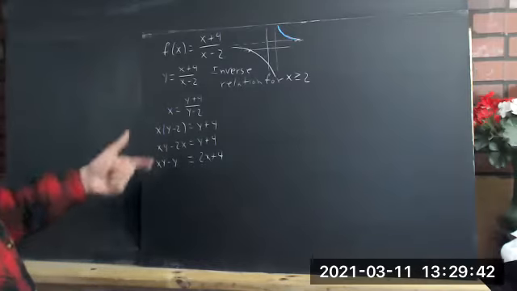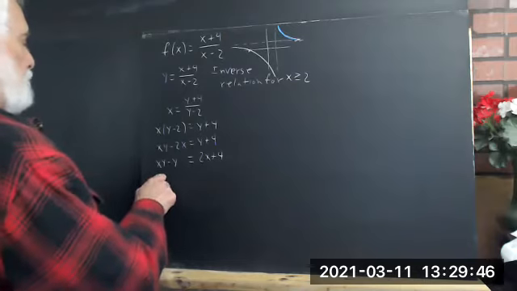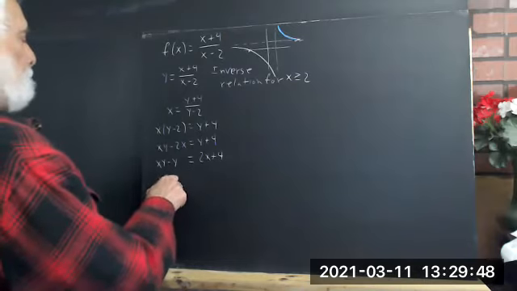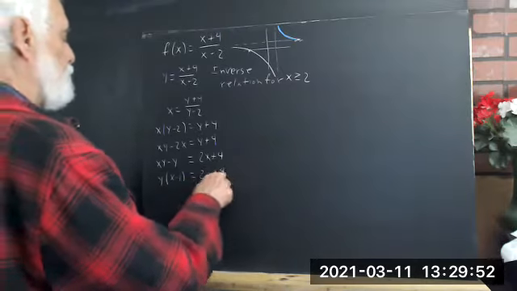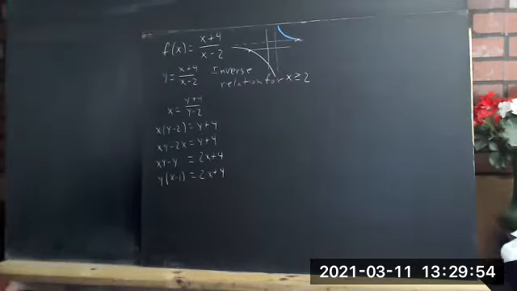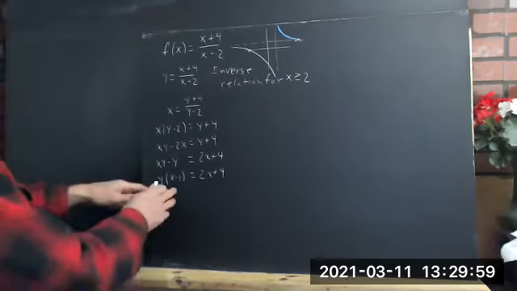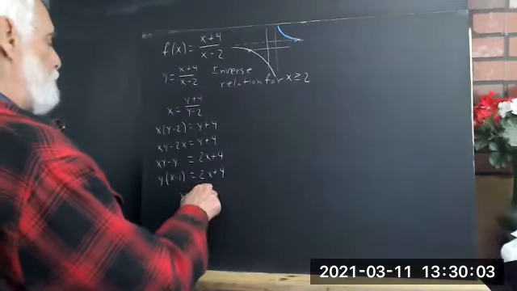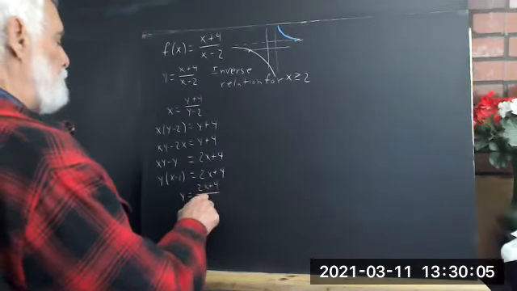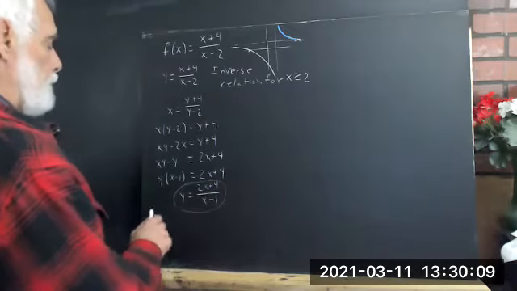And now we can solve for y. Because we've got all our y's on one side, we can factor out the y. And we get y times (x minus 1) equals 2x plus 4. And then we divide both sides by x minus 1. And there we have it.